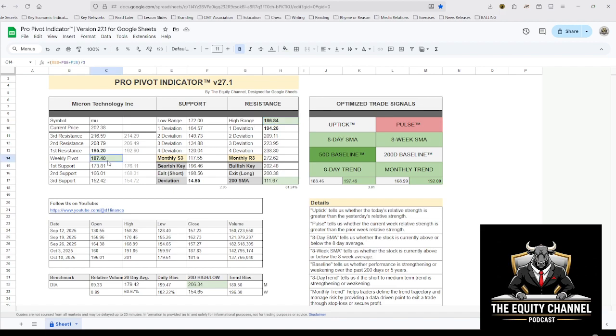If these two match, I'm going in that direction. If I'm below the low range and below the weekly pivot, I'm going to look for shorts. If above the high range and above the weekly pivot, I'm going to look for longs. Okay? And then you can use these for confirmations. That's why I said, if you can learn to use this, you can learn to use these because you're going to get confirmation from here.